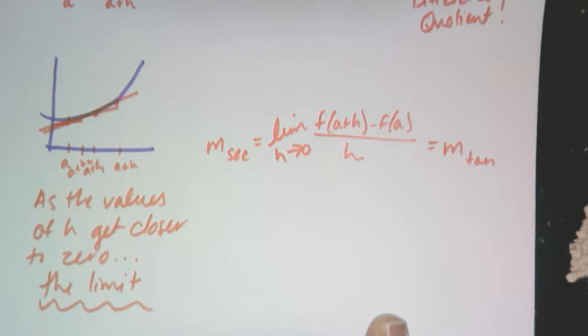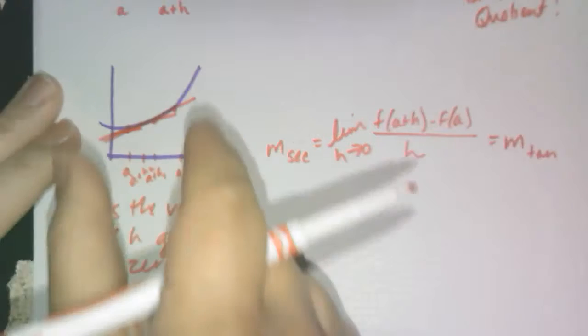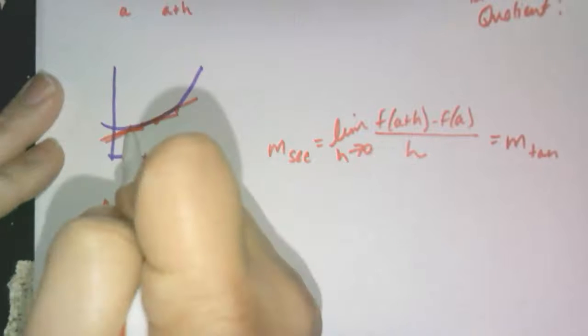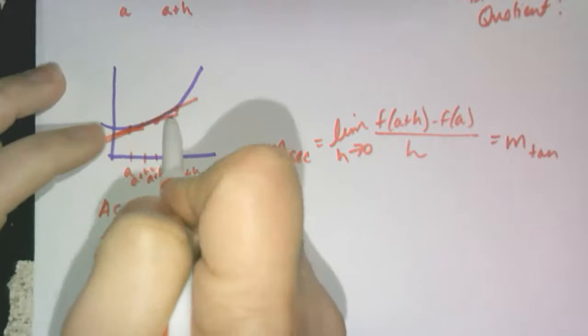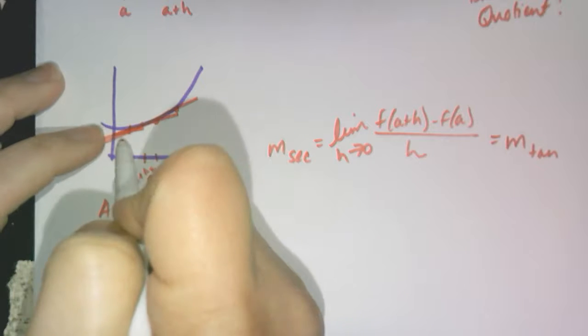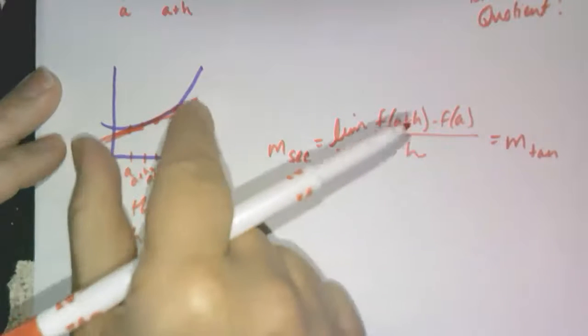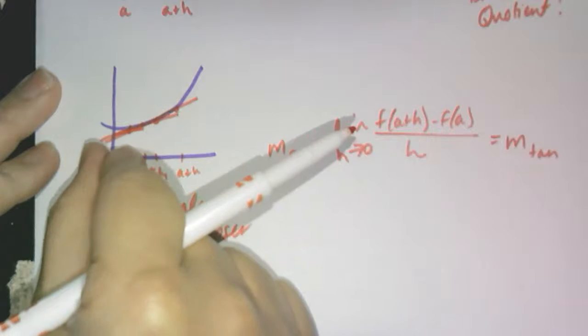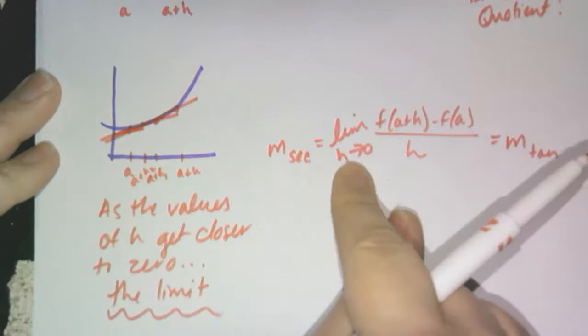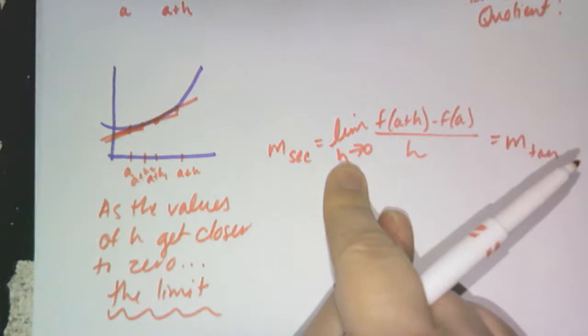Because in order to find slope, don't you need a y2 minus a y1 over an x2 minus an x1? So this is very difficult to find at that point. But the process of taking limits changes that up for me. That's huge, because the secant line can become the tangent line in the process of taking limits, which you just spent all of last chapter on.